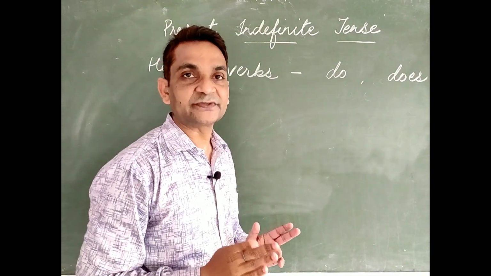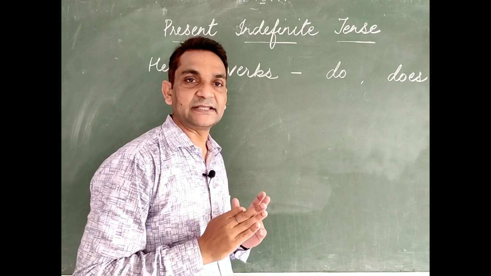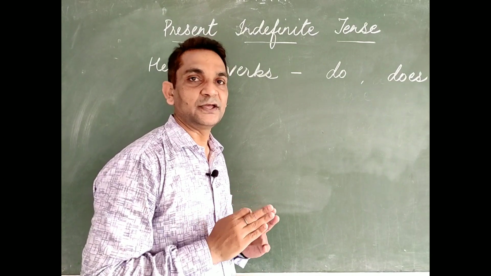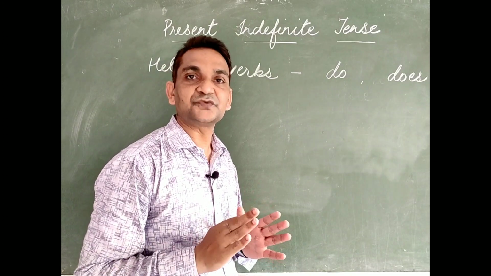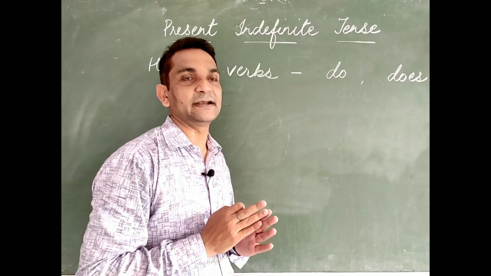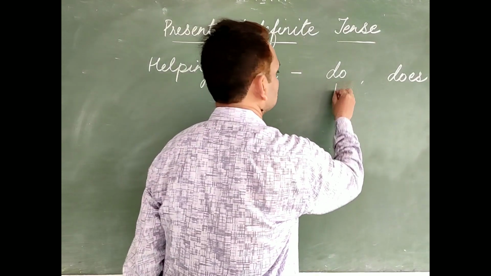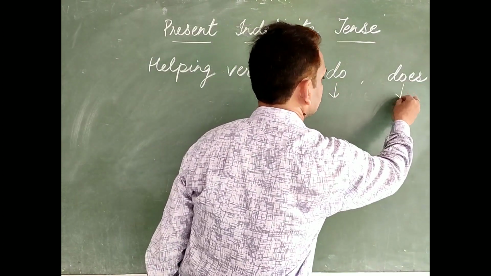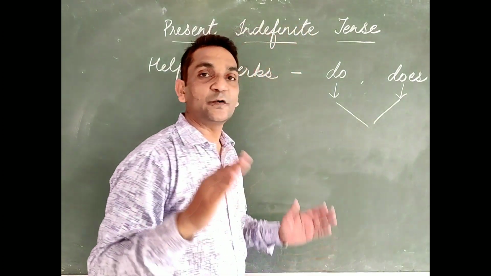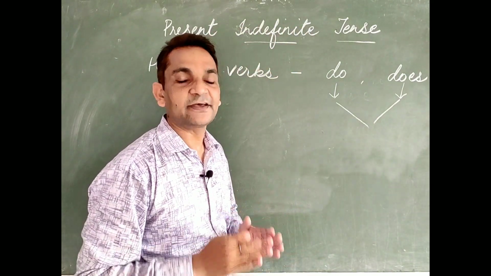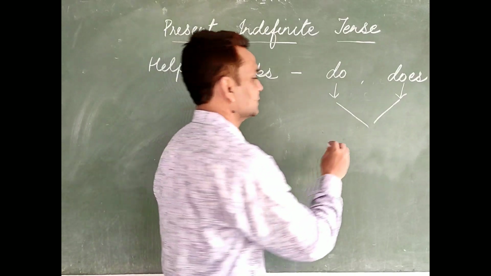Only two helping verbs are used in present indefinite tense, that are do and does. But there is something tricky about the use of do and does. This do and this does, they are used only for negative and interrogative sentences.